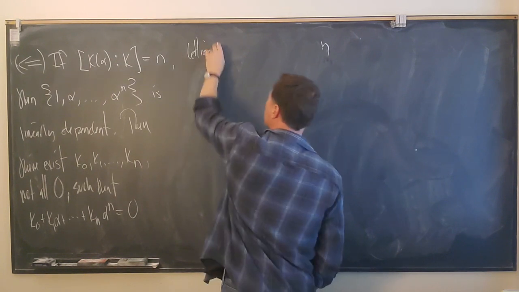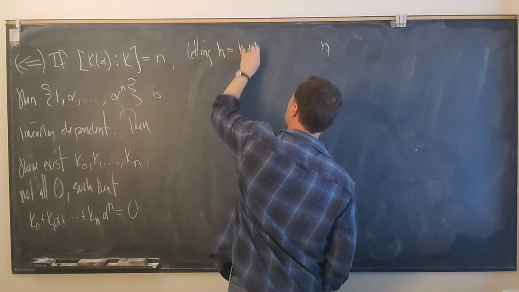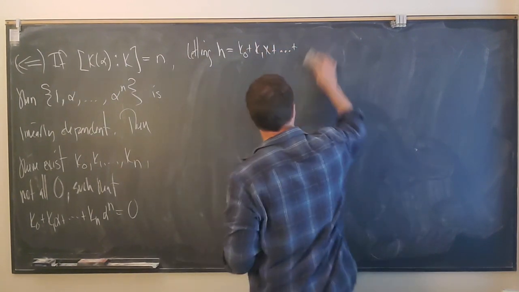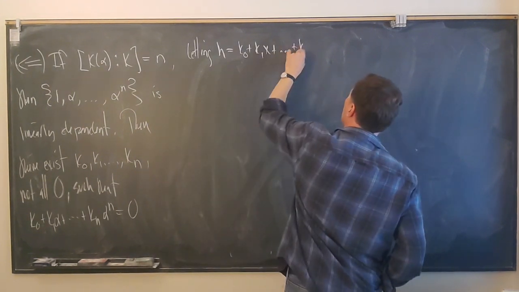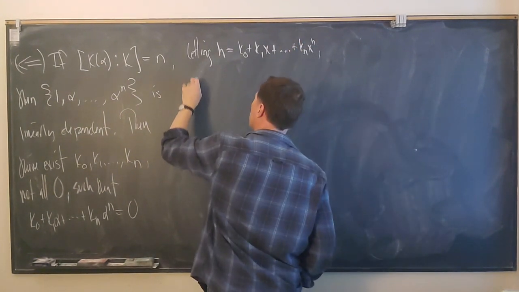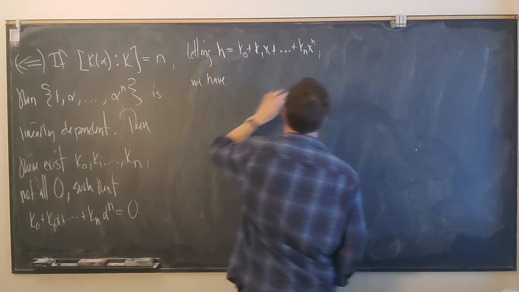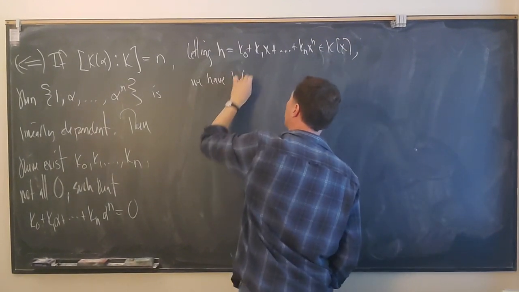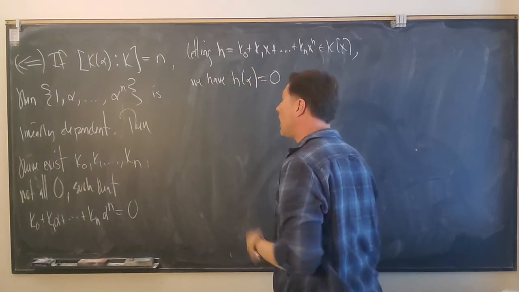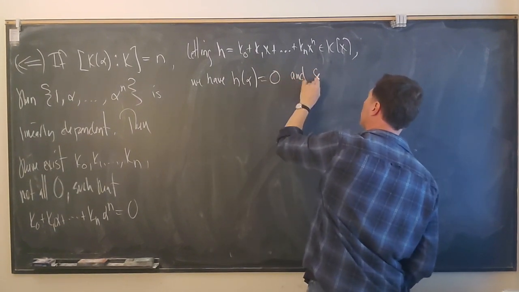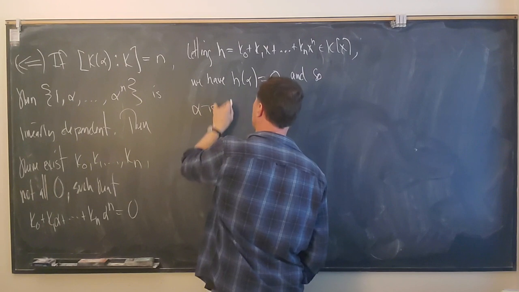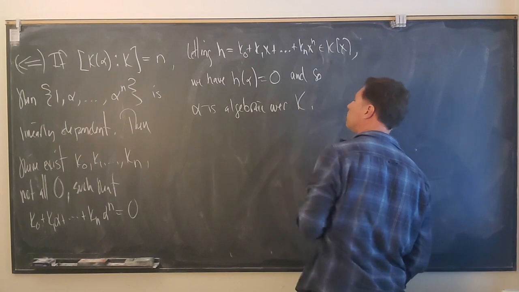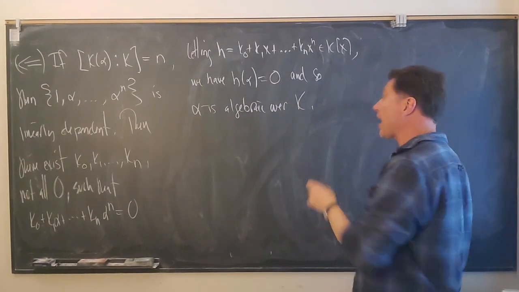Letting h equal k0 plus k1 x plus dot dot dot plus k sub n x to the n, a polynomial in K bracket x of course, we have h of alpha equals 0. And so alpha is algebraic over K. Okay, so that completes the proof.